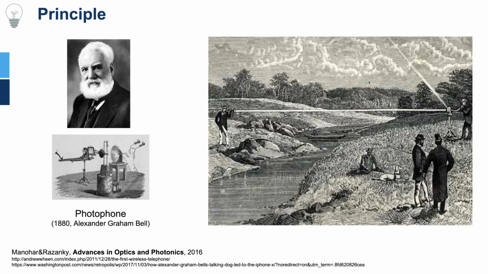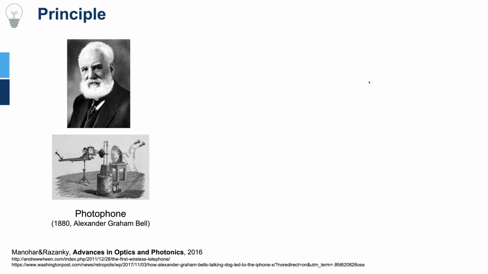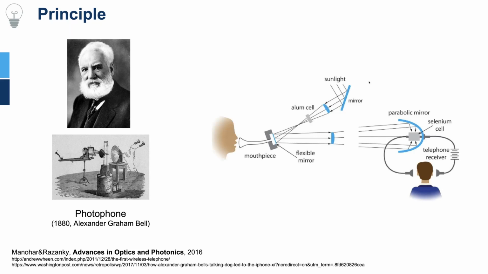And this was already way back, in 1880, by Alexander Graham Bell. As I told you, he used this phenomenon of converting light into sound waves for transmitting information over a certain distance. What he did was use the sunlight, painted here, and lead it over flexible mirrors, which are modulated by a mouthpiece to deliver the speech into a parabolic mirror and a selenium cell.